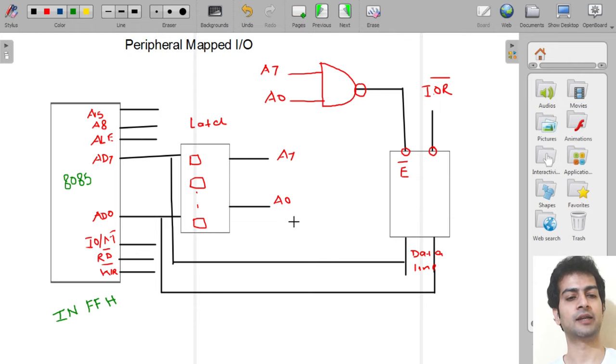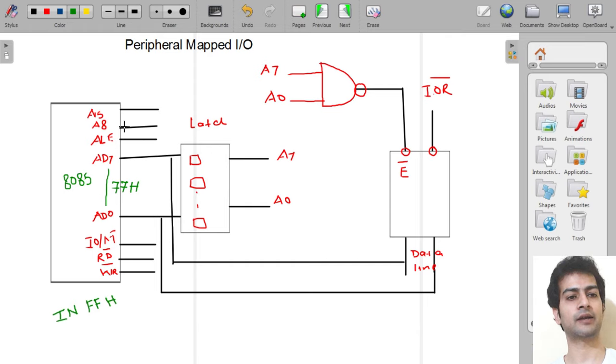Okay, then let's see how it is done by the microprocessor. It's an 8-bit address. So this 8-bit address will come here at AD7 to AD0. It is not a 16-bit address.